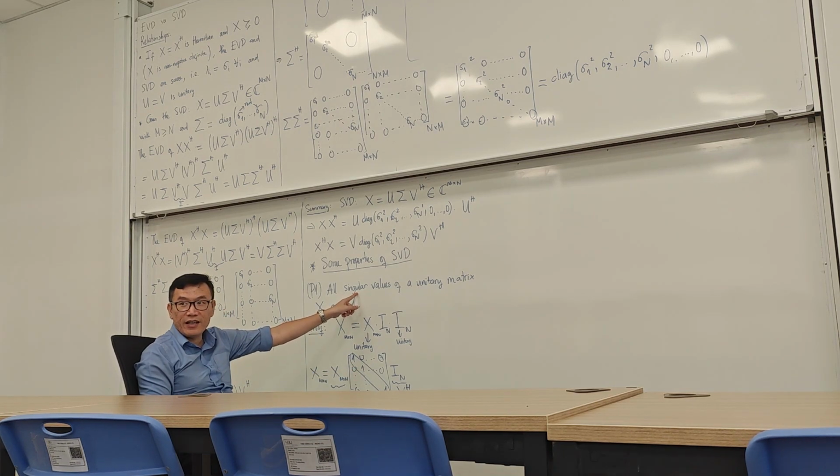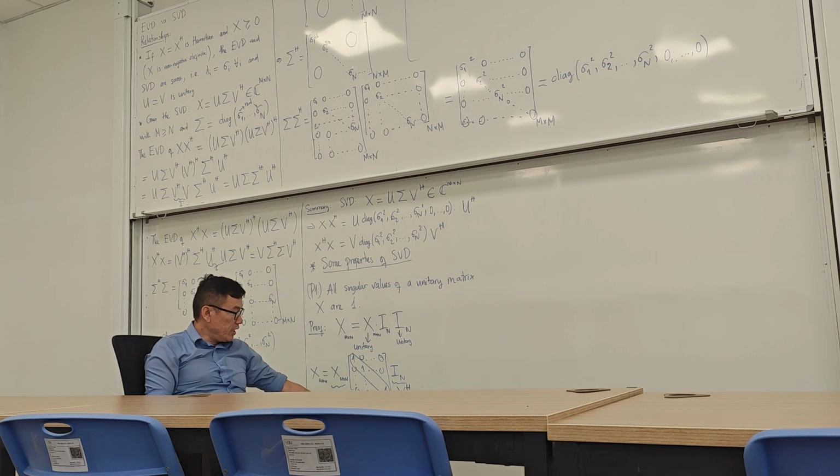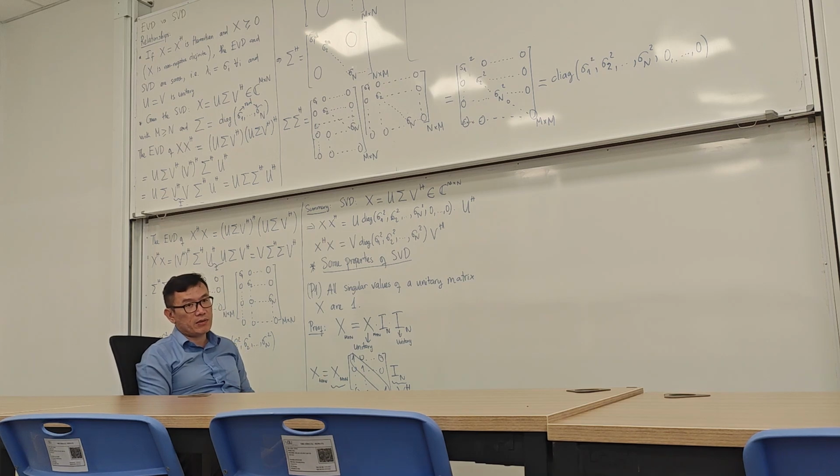So that's what the property tells us. This means that if you can write X in the form of U sigma V^H, in which sigma is a diagonal matrix, then the entries on the diagonal are singular values of the matrix. And in this case, you see all are number 1.